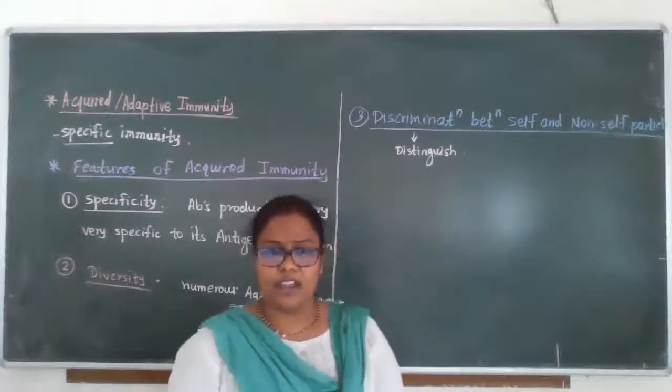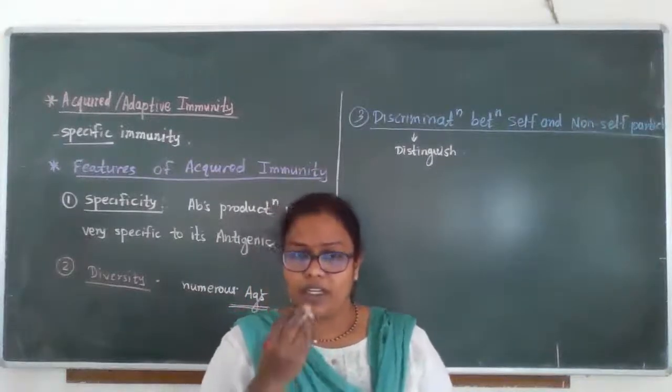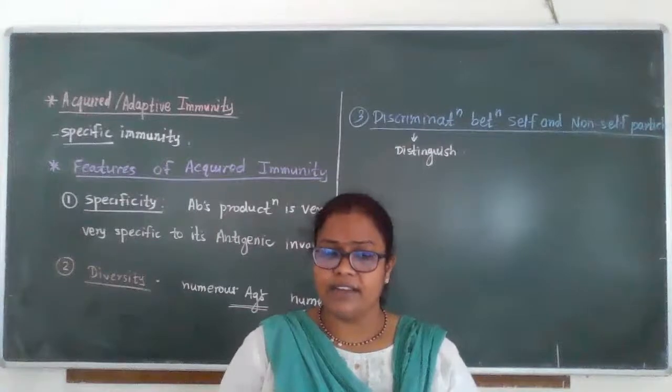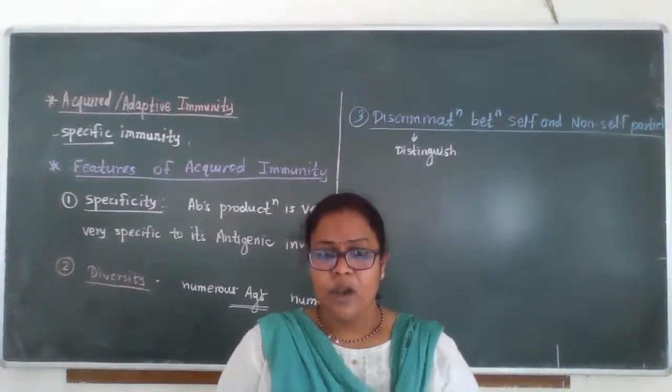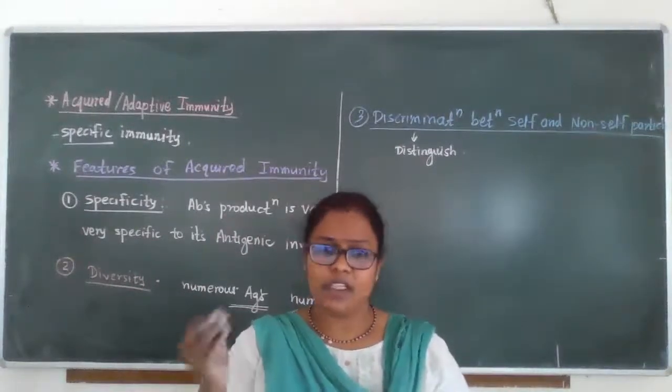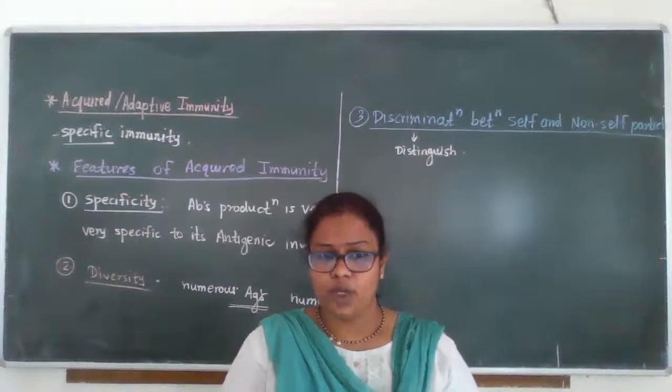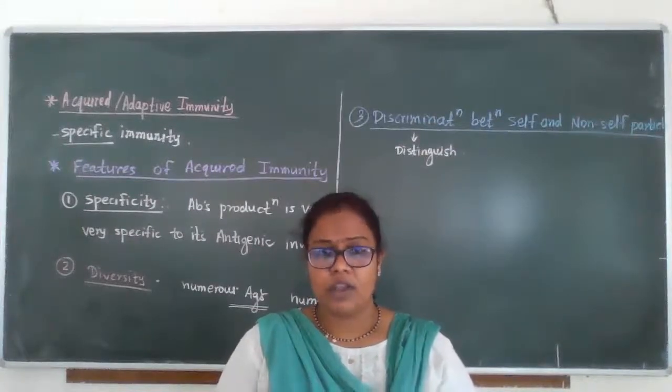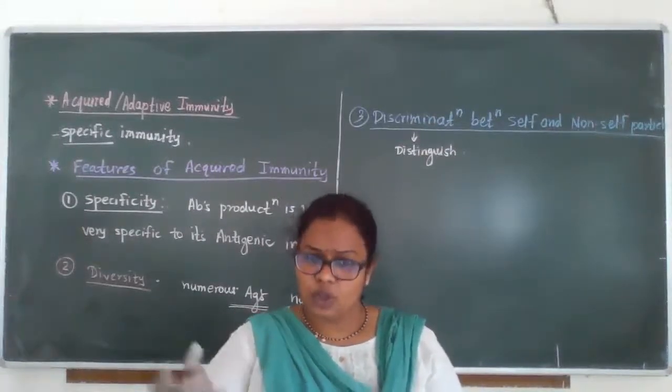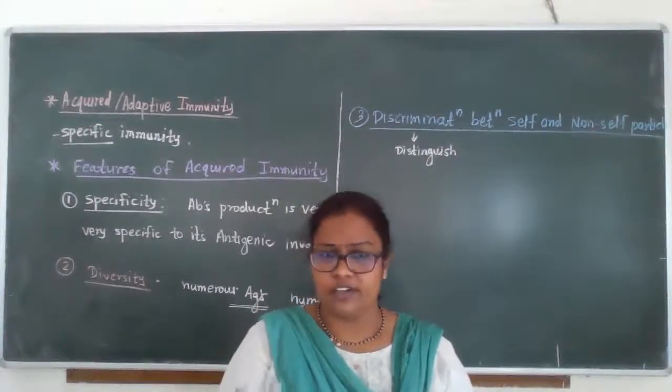For example, we are eating food. If that food is contaminated, there are so many micromolecules formed. Some of these molecules are useful to our body; these are the nutrients, right?